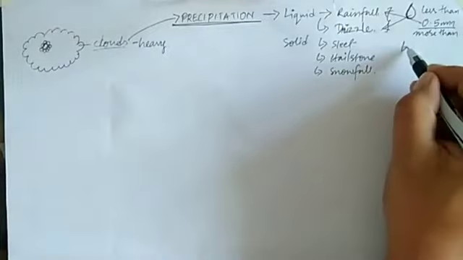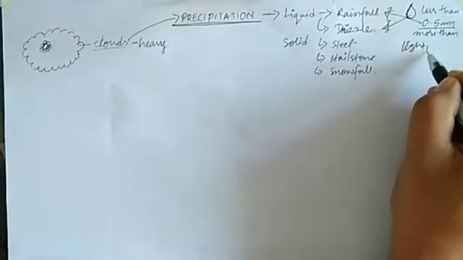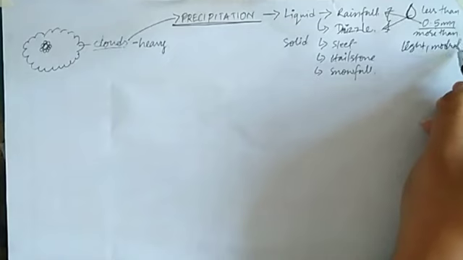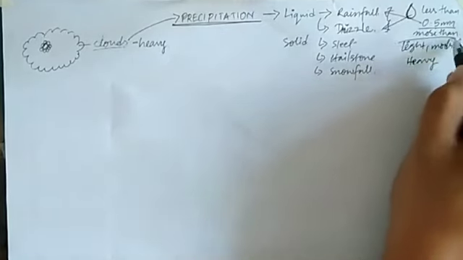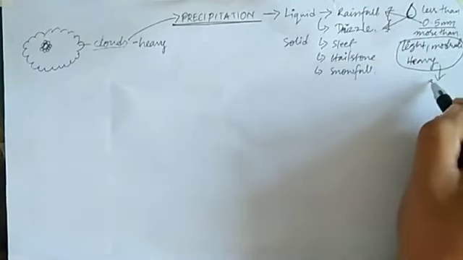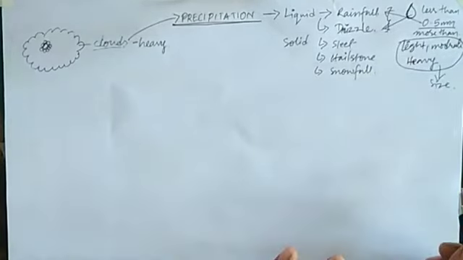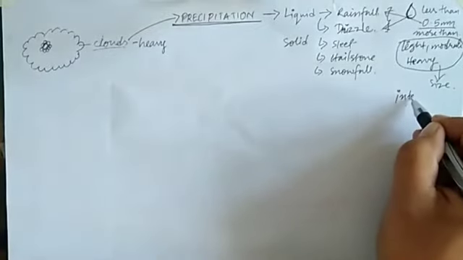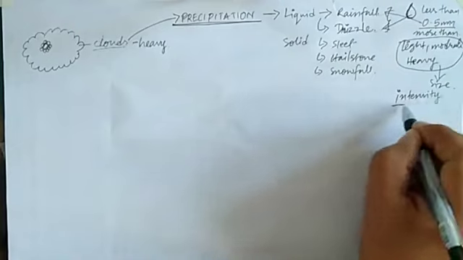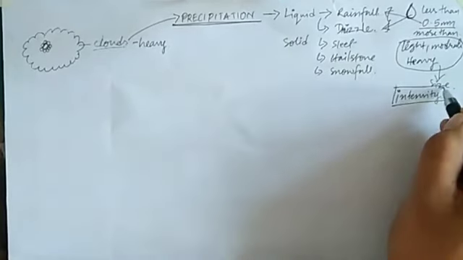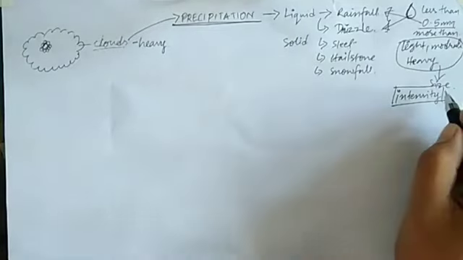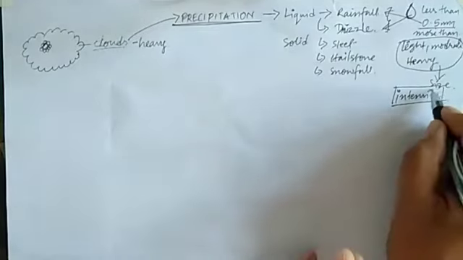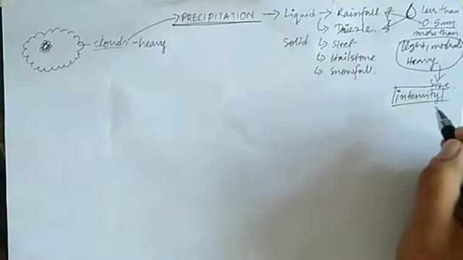Now whenever we say light rainfall, moderate rainfall, or heavy rainfall, it does not include the size. Remember that. It is not on the basis of size, it is on the basis of the intensity of the rainfall.